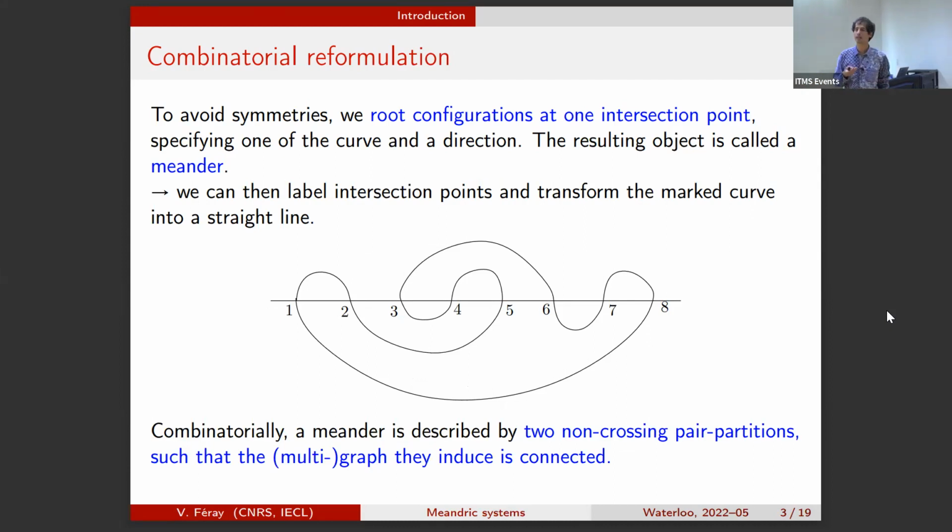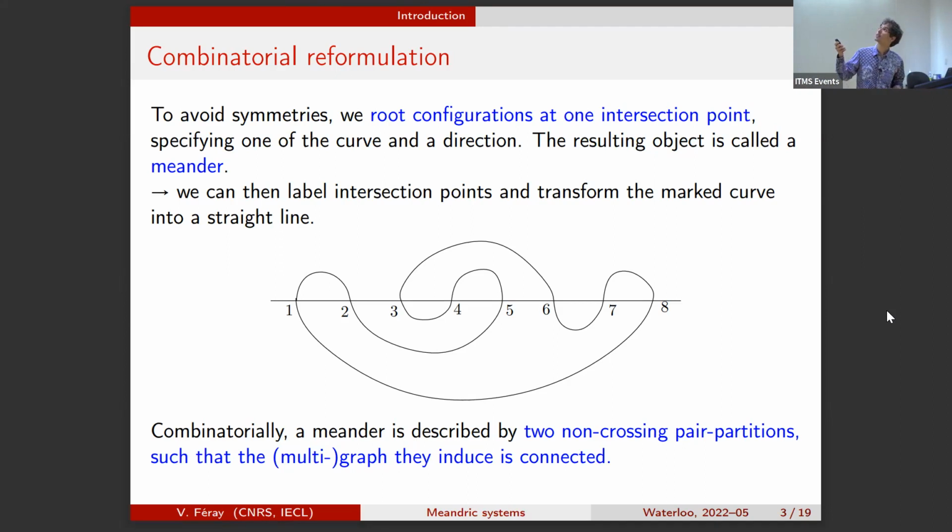So if I translate that completely combinatorially, what you see is that you have this straight line with numbers from 1 to 2n, so there is no information there. The information is what you see above and below. And on each side, what you see is simply a non-crossing pair partition. Okay, so a meander is just a pair of non-crossing pair partitions, but there is an extra condition.